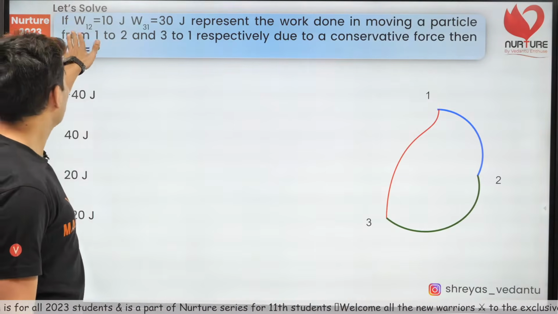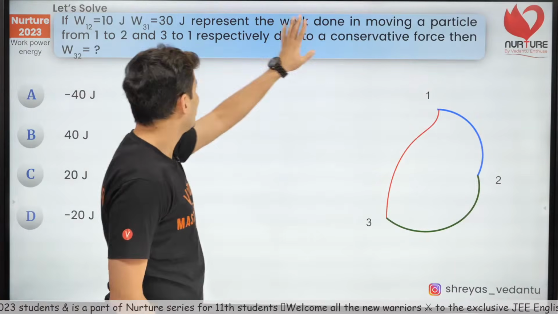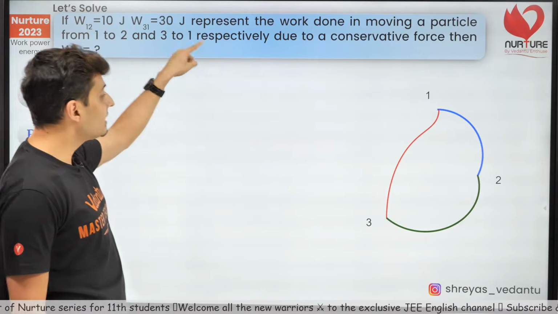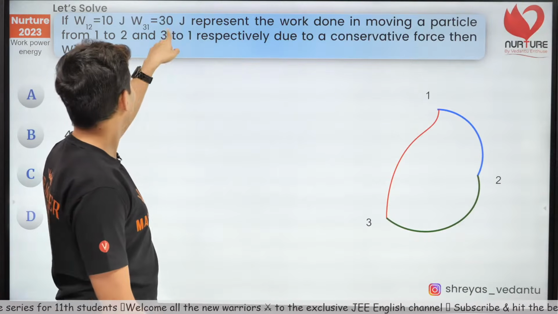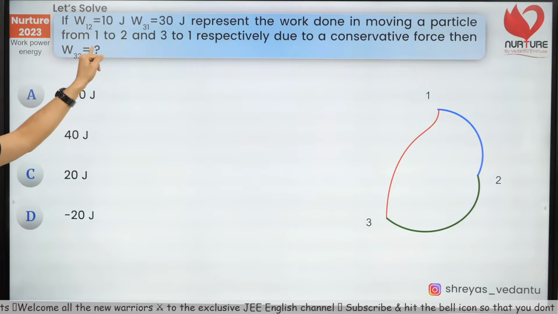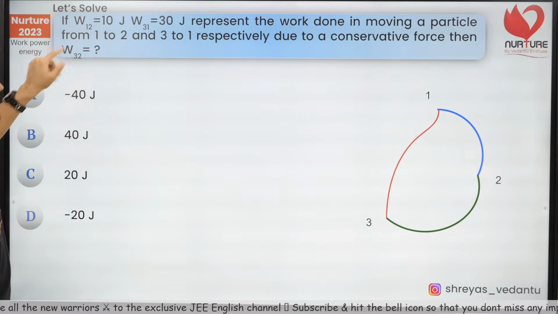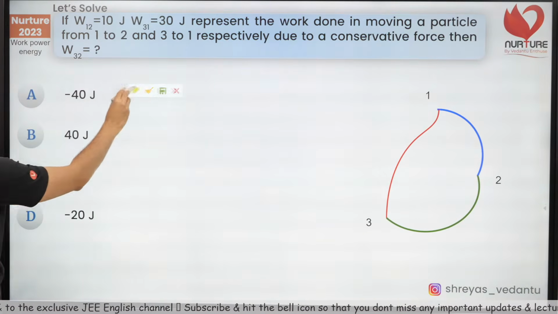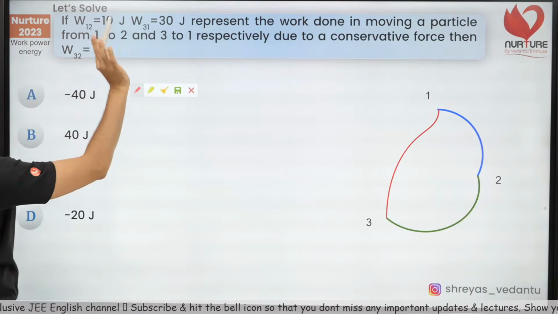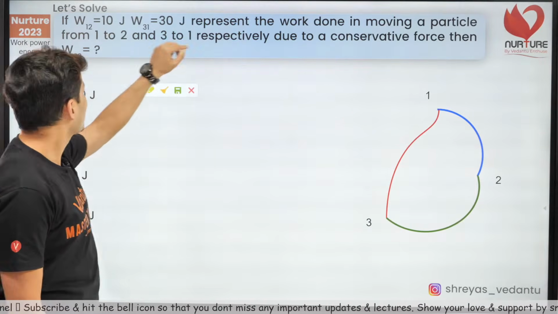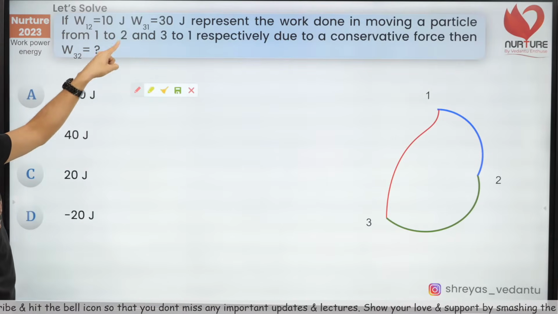Beautiful question. Work from 1 to 2 is 10 joules. Work from 3 to 1 is 30 joules as shown over here. W12 represents work done in moving the particle from 1 to 2.